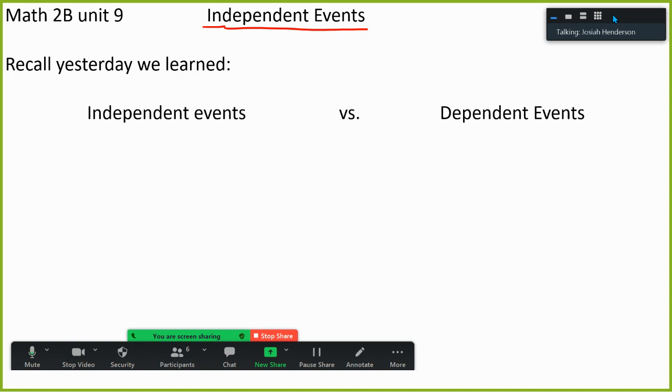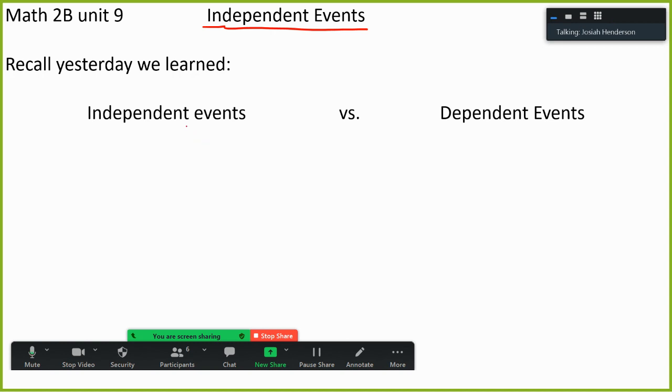Today's lesson is a little deeper dive into both of these, independent versus dependent events, and how we can determine if two scenarios are independent versus dependent strictly based on their probabilities.